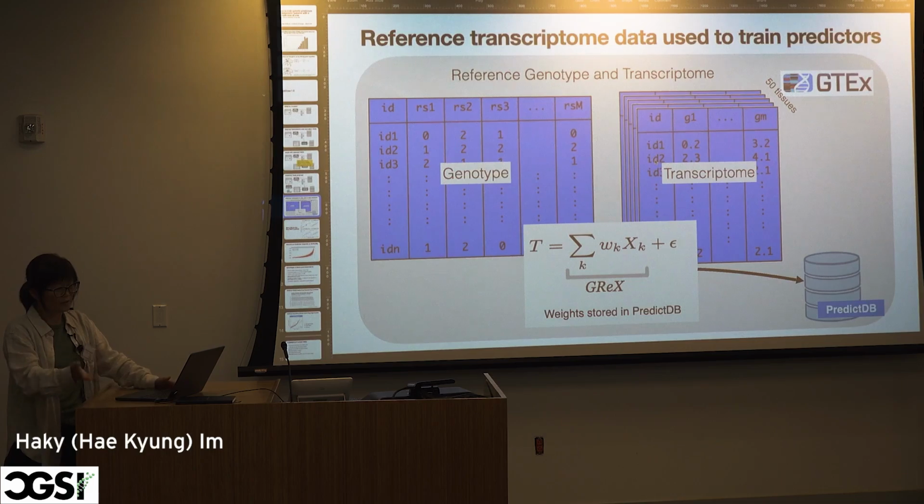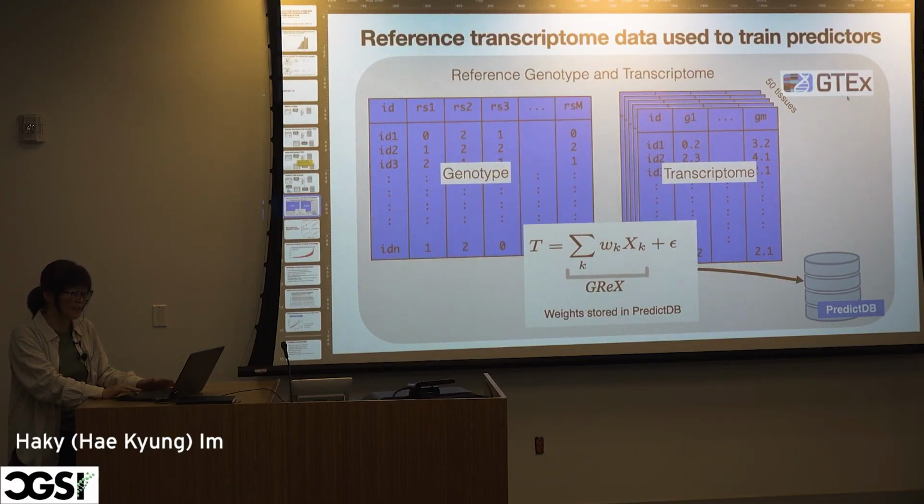So, GTEx consortium, probably you all heard about, is another very large effort that was started in order to answer the question, how the genetic variation affects gene expression and how that is affecting the phenotype of interest or your complex disease.